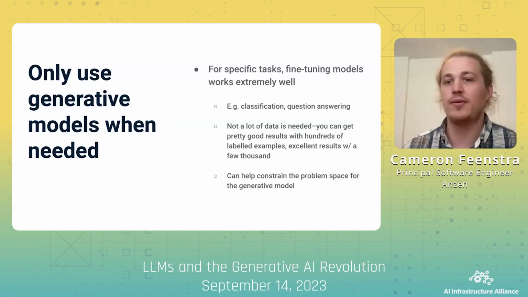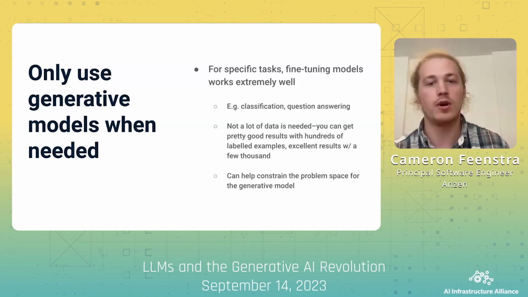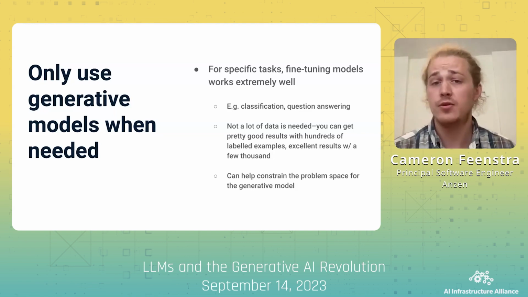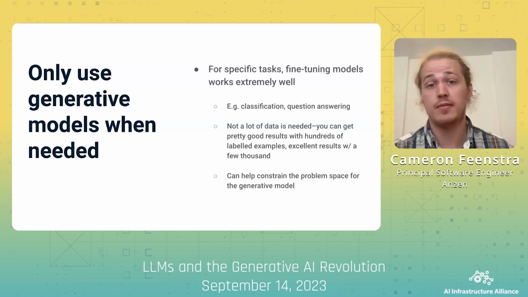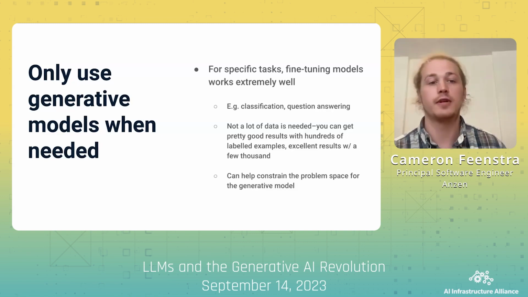Now, another important tip is to really only use generative models for the things that only generative models can do. So, for example, if you want to classify a particular piece of text as one or more types of documents or something like that, fine-tuning smaller models with a data set you curate is extremely effective.